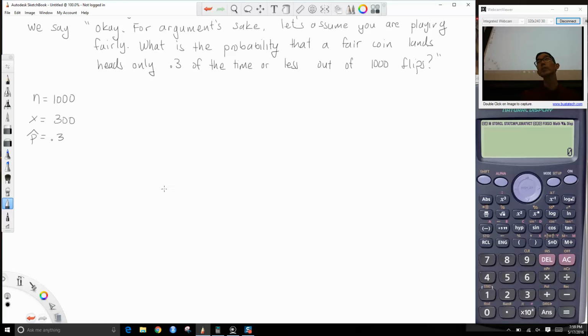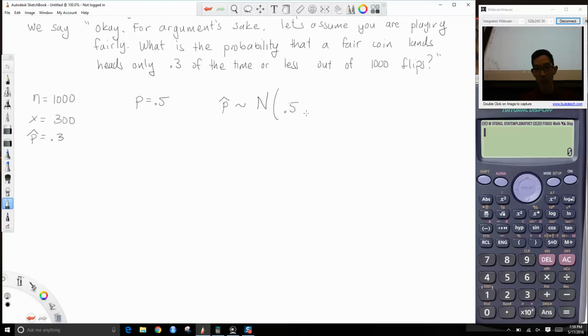Okay. And if it's a fair coin, then the probability of heads, our p, is actually what? 0.5, okay? And so, sampling distribution, we know that p hat comes from what kind of distribution? A normal distribution. What is the mean of this normal distribution? 0.5, okay.